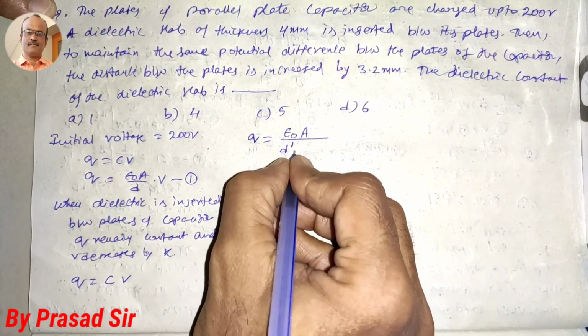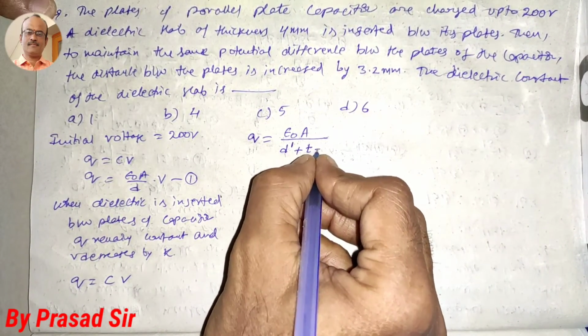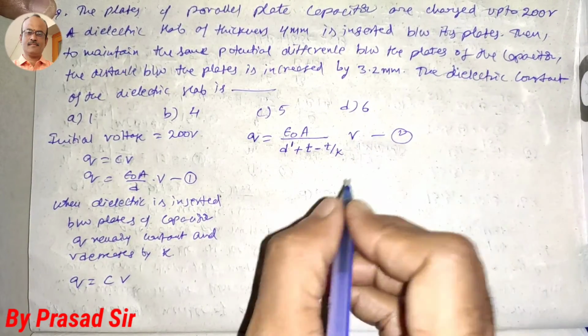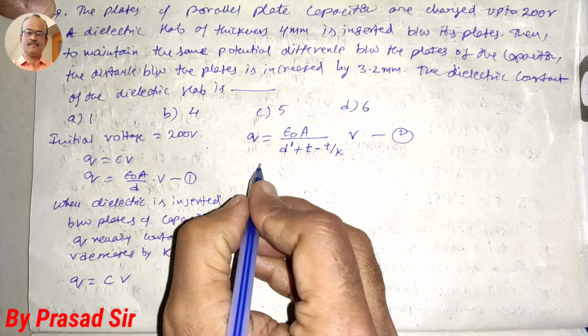That is D dash plus thickness T minus T by K, into voltage V. This is the second equation.